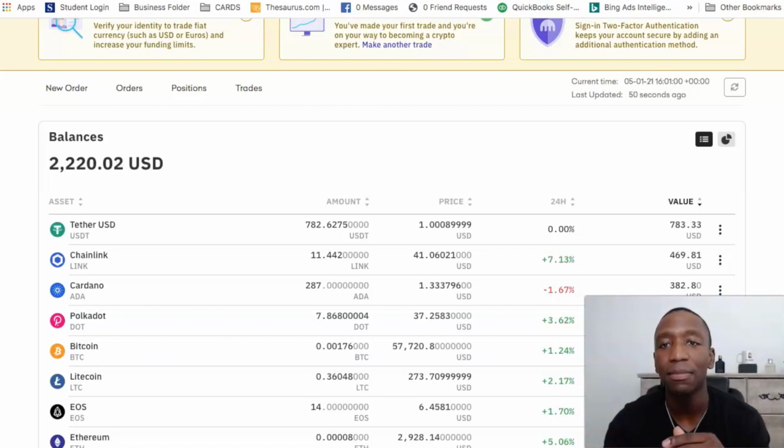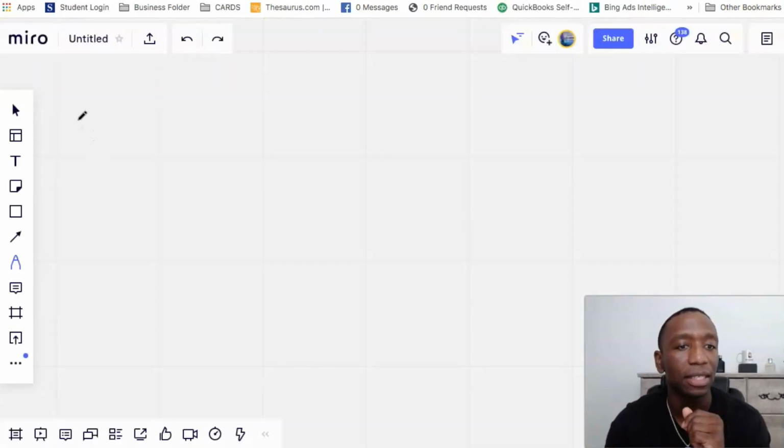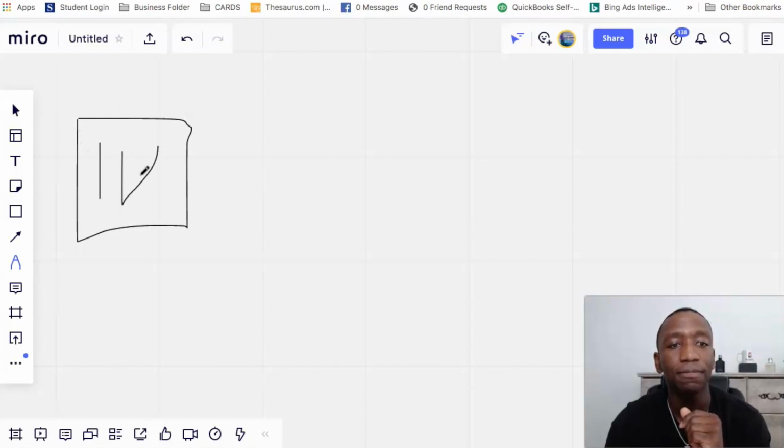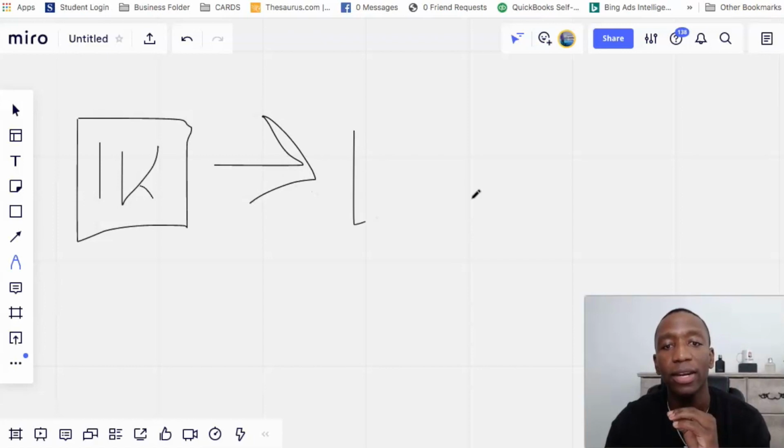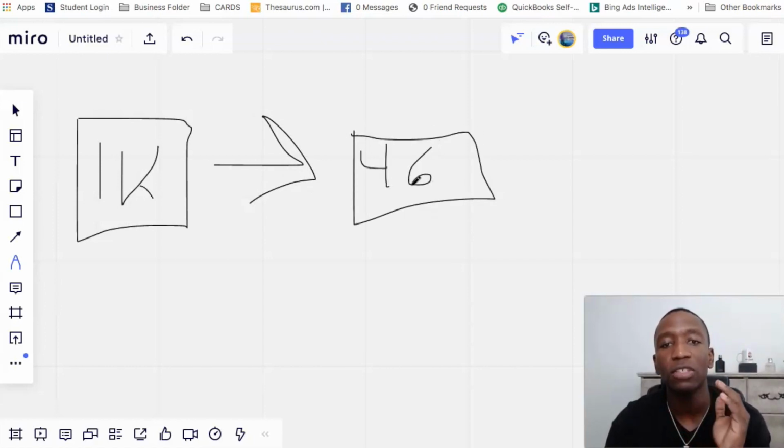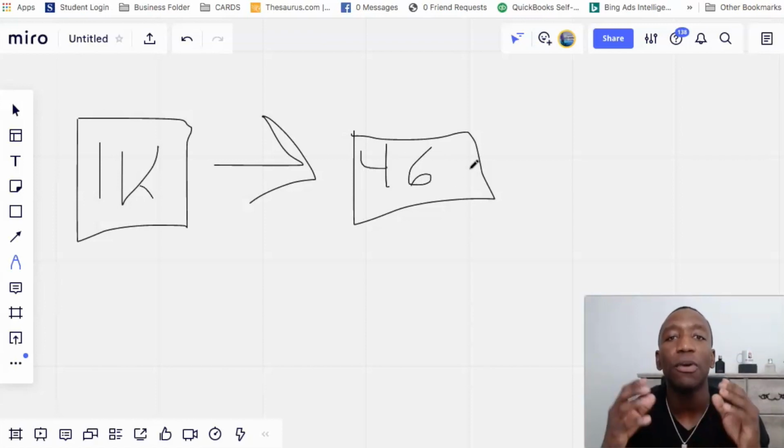Let me give you a visual so it all makes sense. So here's a square right here. I put 1K into my exchange. Now I'm going to draw another square, and we're going to say 46, but we know it was 46.51. So what happens is you have to do your per trade times the profit.